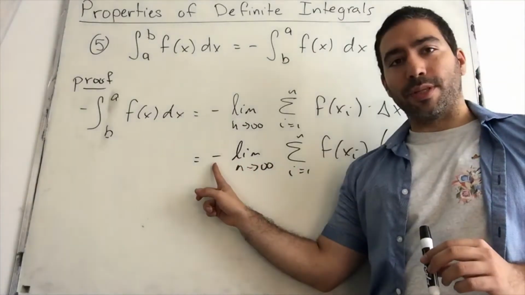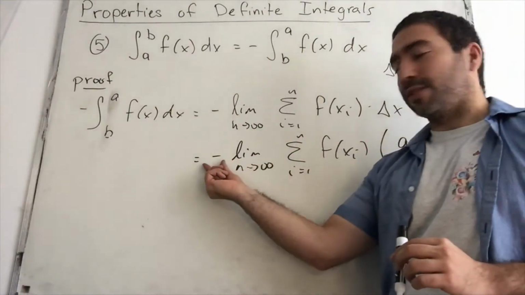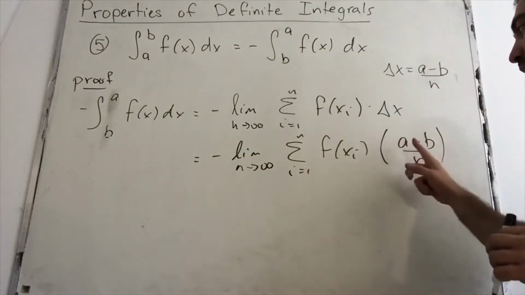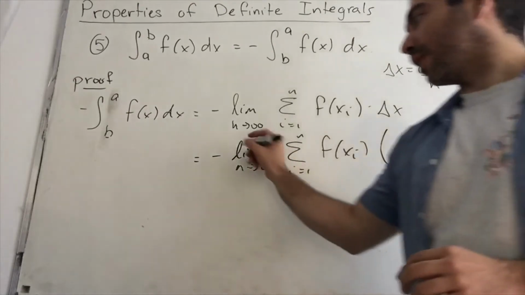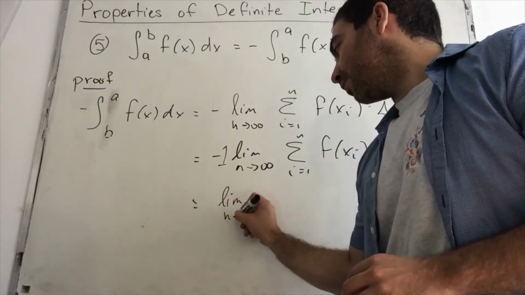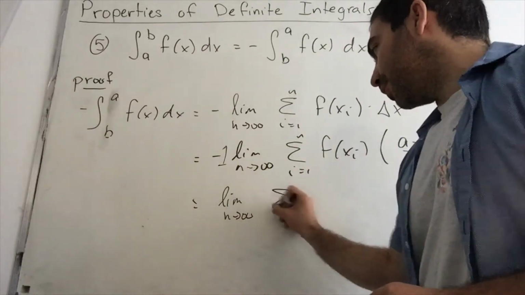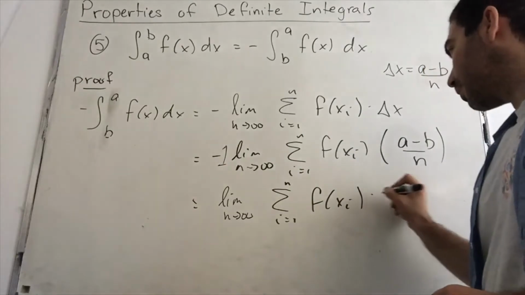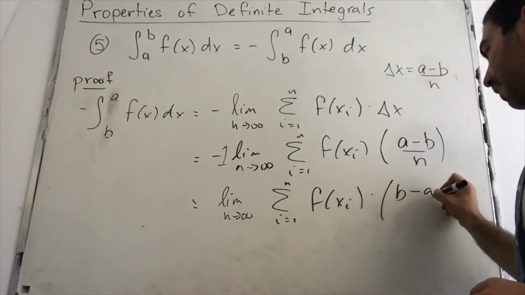But the negative is a constant, so we jump into the limit, we jump into the sum, and we multiply this term by negative 1, and we get the limit as n goes to infinity, summation i equals 1 to n, f of xi times b minus a over n.